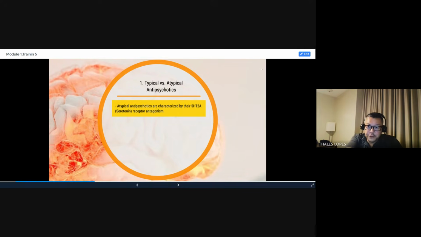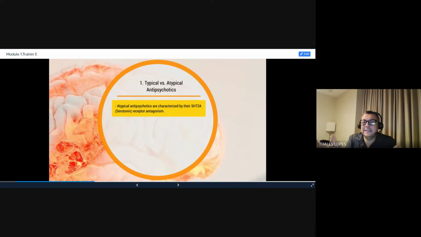So the first question that you will get for sure, about the dopamine pathways, not really, but related to the topic: typical versus atypical antipsychotics. When we say first generation antipsychotics, that is the typical. The atypical is atypical because it brings something that the first generation didn't have, and that is the second generation.